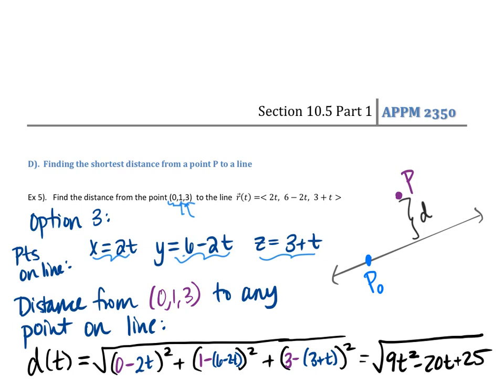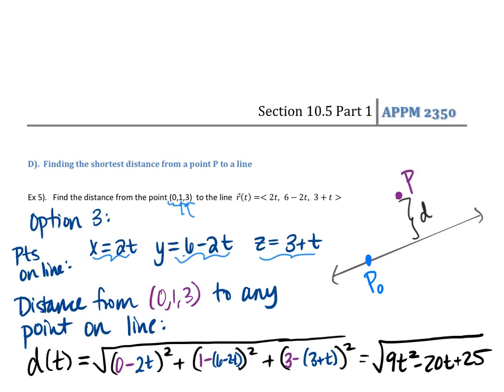Then I can go back and say, well, I want to know when this distance is smallest, and this should be ringing a bell as a Calc 1 optimization problem. Find the minimum of this distance function. And so I can do that by taking the derivative, setting it equal to 0, and solving for t.